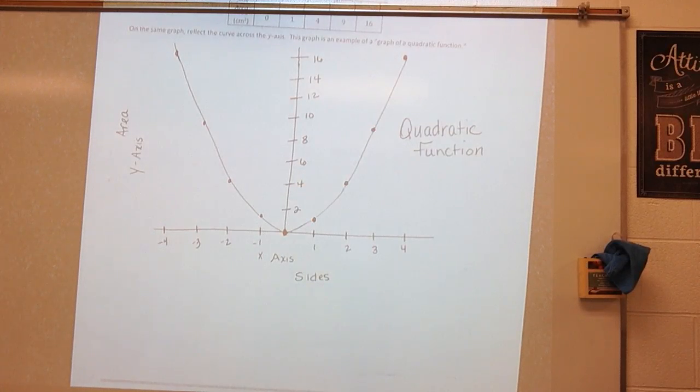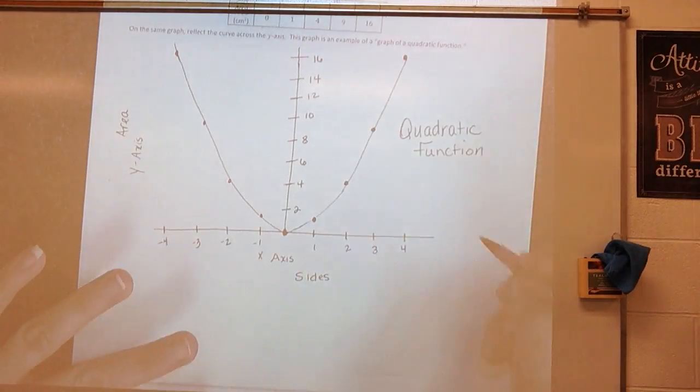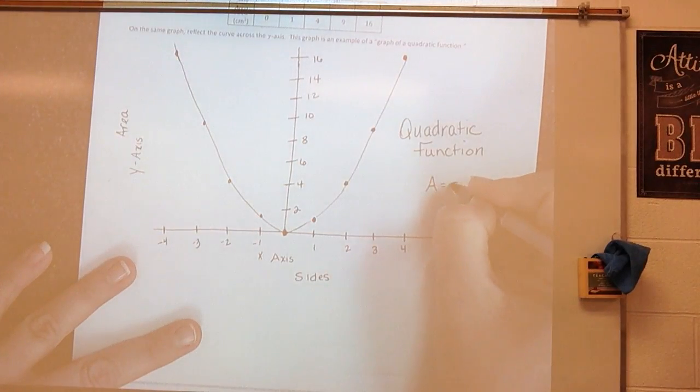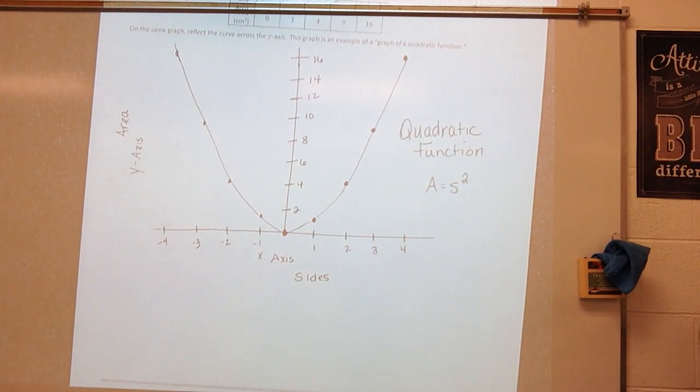All right? You should have, as 8th graders, seen this look like this. If you were to type this into a graphing calculator, A is equal to S squared, it would come up something that looks like this. Okay? We'll be studying these functions throughout the year, and you're going to learn different ways to recognize and represent these quadratic functions and their equations. All right?